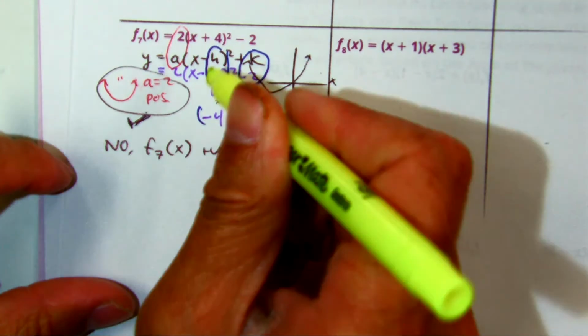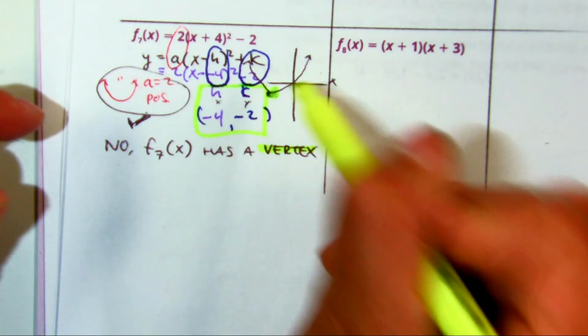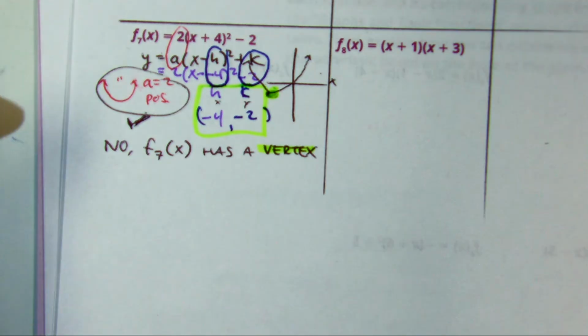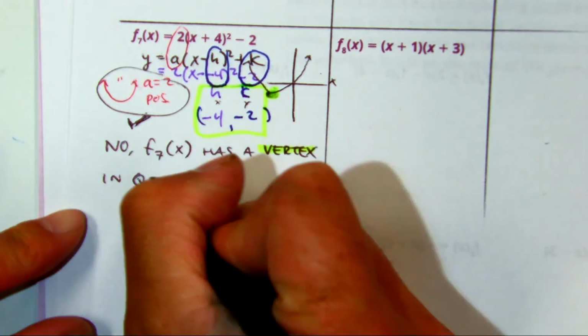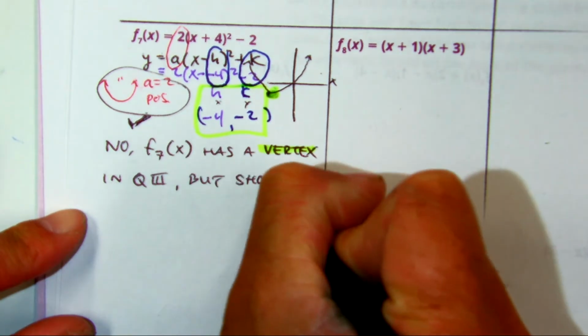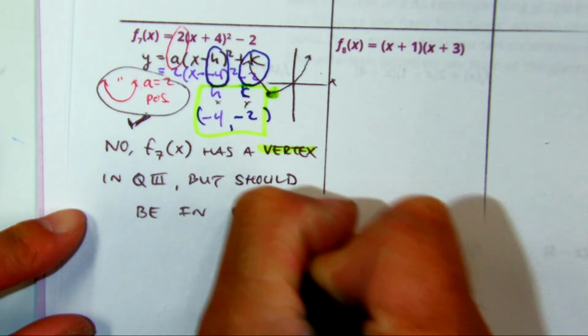Vertex is the ordered pair h, k. It has that point right there. That's the vertex. No, the 7th function has a vertex in quadrant 3, but should be in quadrant 4.